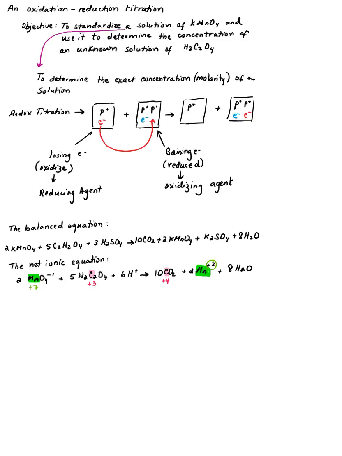So you have a total of 8 negative charges coming from the oxygen, which means that between your hydrogens and your carbons, those oxidation numbers need to give you 8 positive charges. The oxalic acid molecule is neutral. You don't have an overall charge.